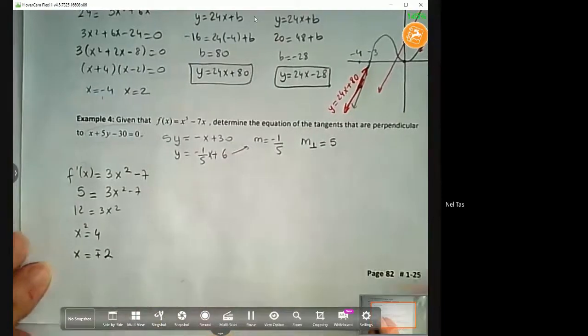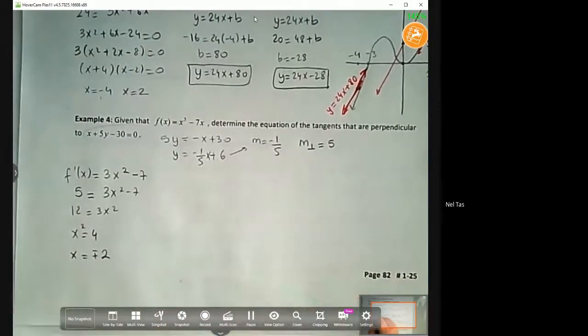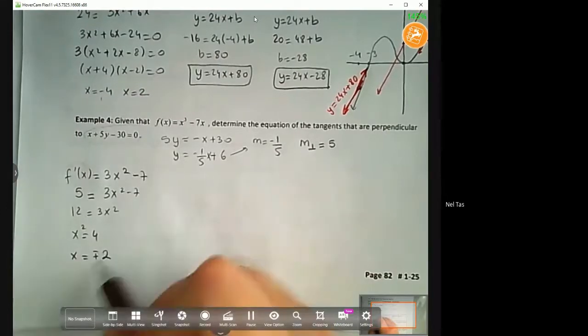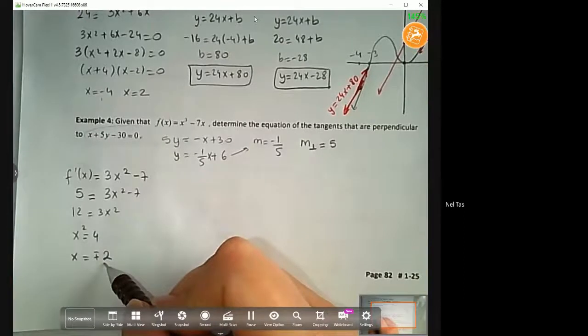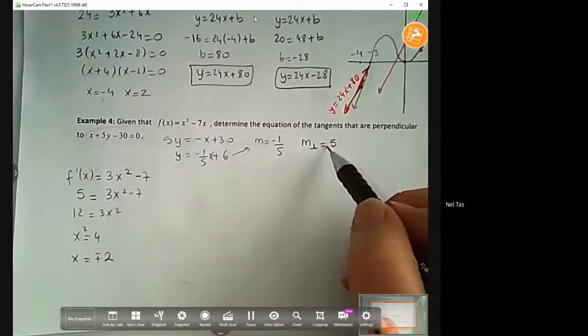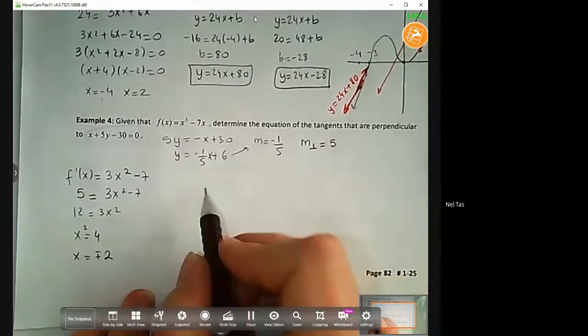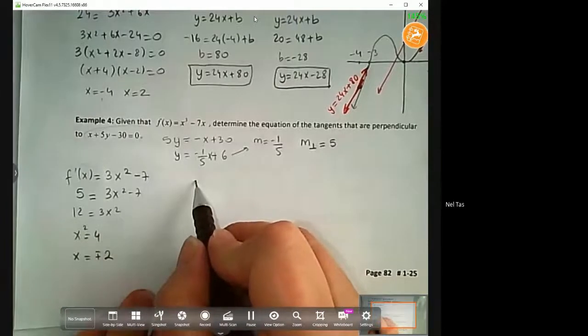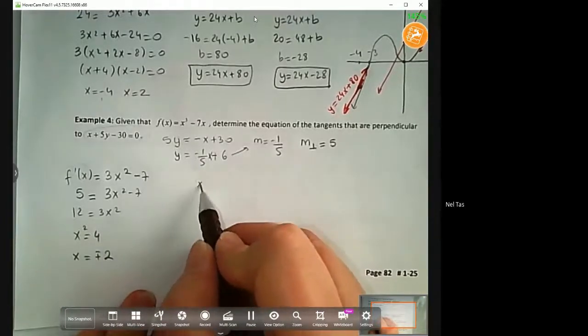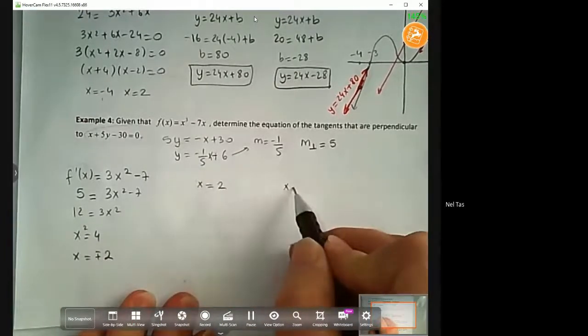So it looks like we have 2 points, right? And if you draw tangents through those 2 points, slopes will be 5. Okay, then let's write those 2 equations, when x is 2 and when x is negative 2.